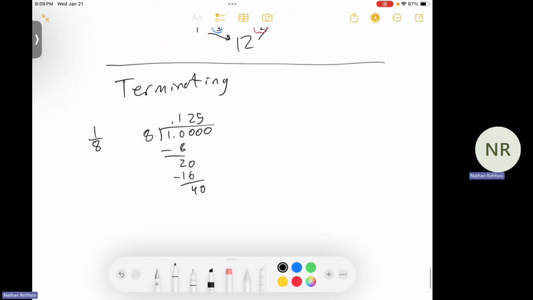And then I get a remainder of 0, so we're done. It's called a terminating decimal because we're done. It terminated the process.